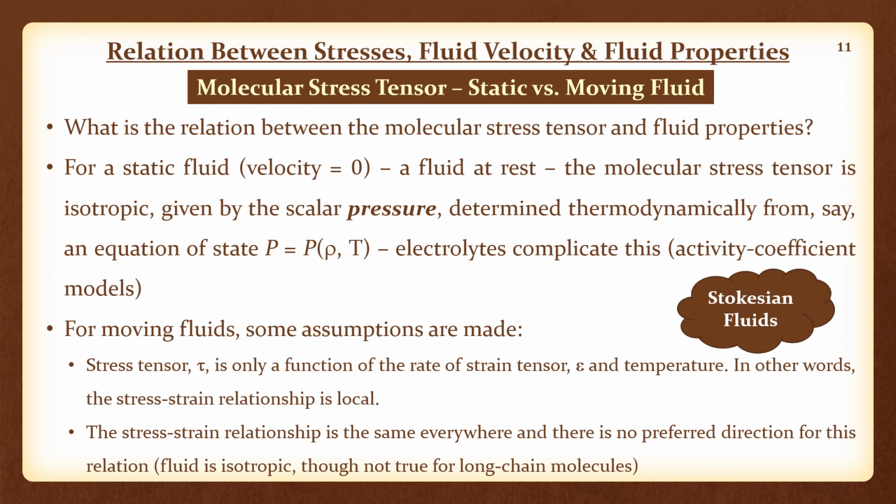Now what about moving fluids? Some assumptions are made. First is that the stress tensor is only a function of the rate of strain tensor and temperature. In other words, we are looking at a local model of the stress-strain relationship. This is exactly what we've been talking about. There are two fluid particles that are in contact, and they mutually deform each other.